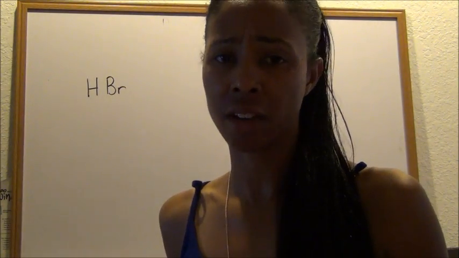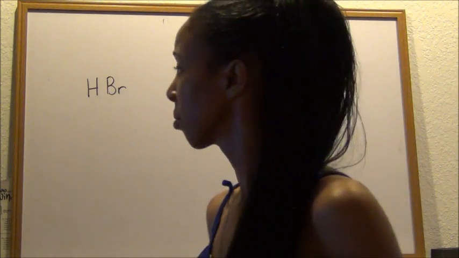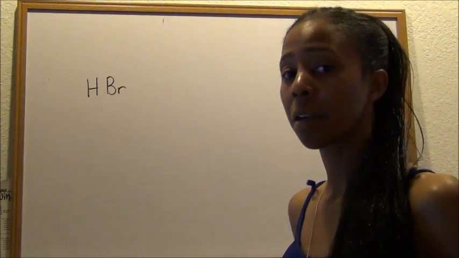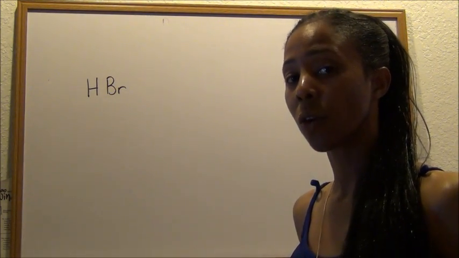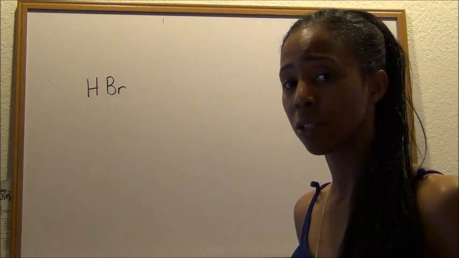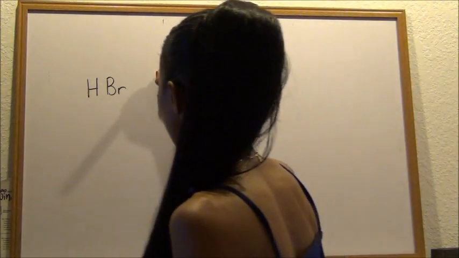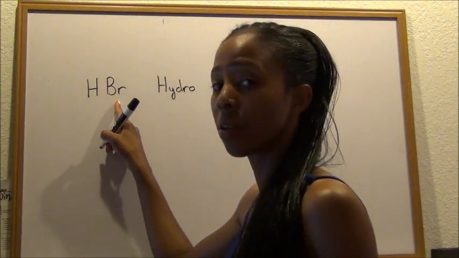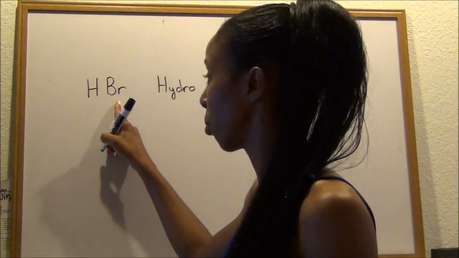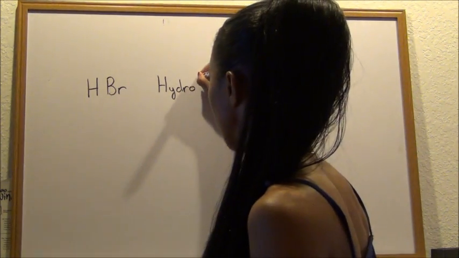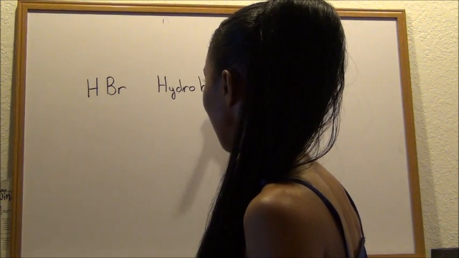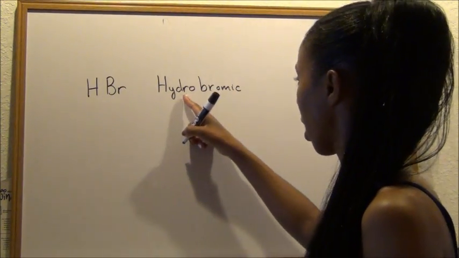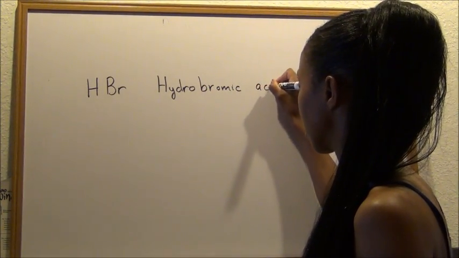Figure out whether it's a binary acid or an oxyacid. Now, this is a binary acid. So binary acids we begin naming by using the word hydro. So this would be hydro, and the root name for this would be brom, and this would be bromic, because all the binary acids end in ic. Hydrobromic acid.